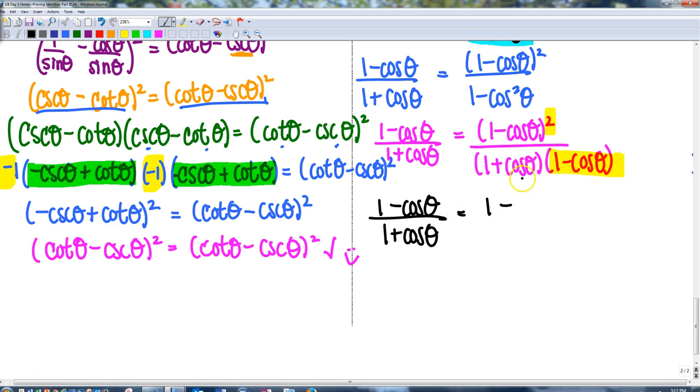So I'll have 1 minus cosine theta on the top, which is what I want, and 1 plus cosine theta on the bottom, which is also what I want. So it looks like we're done. And there you go. That's it.